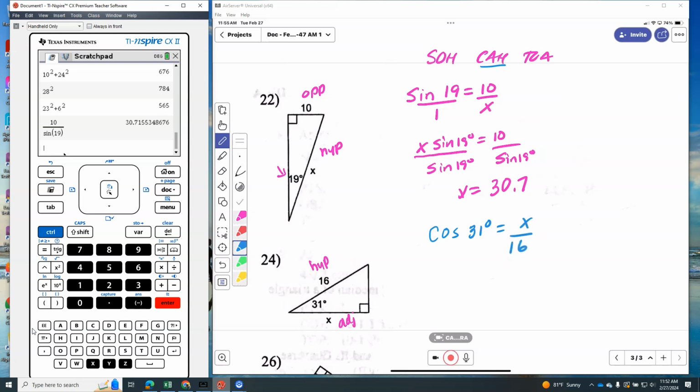Since we want to make this into two ratios, go ahead and make that a 1 there. So x times 1 is x, and then you have 16 times the cosine of 31 degrees. So we're going to go to the calculator. We have 16 times cosine of 31 degrees. So x is going to be 13.7.